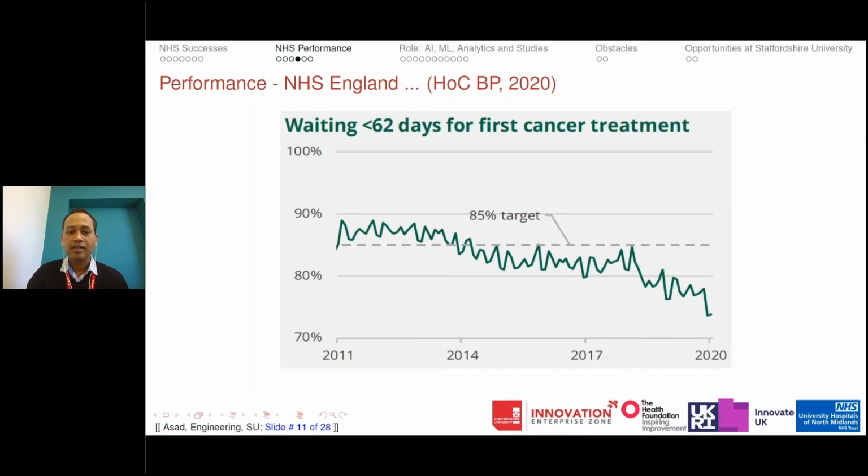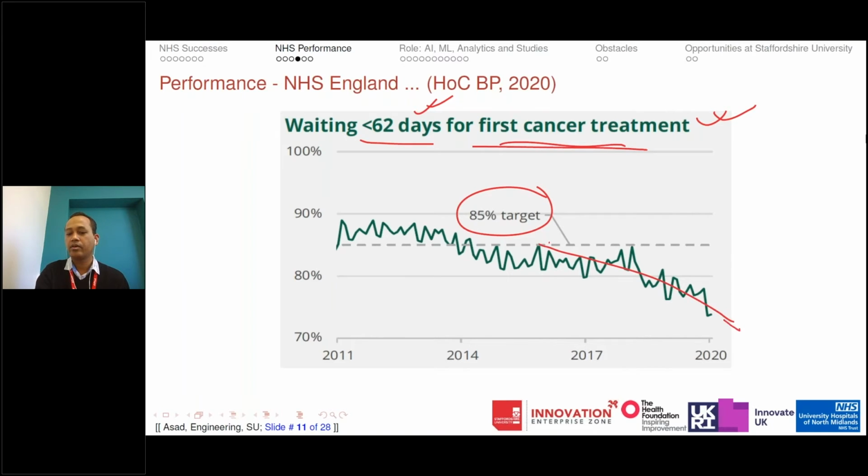Similarly, for first cancer treatment after diagnosis, the target is less than 62 days. 85% of patients should have received their first cancer treatment in less than 62 days, whereas it is going down. At this moment, you can see the NHS is providing care for only 72% of their patients within 62 days.